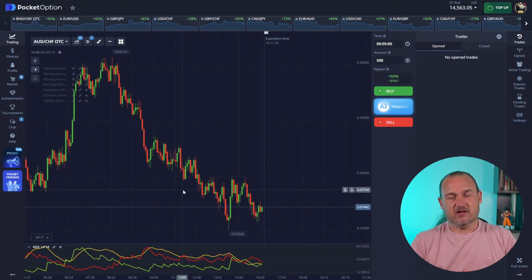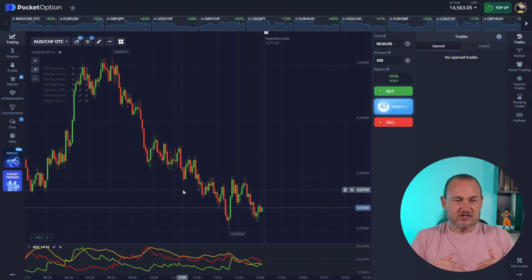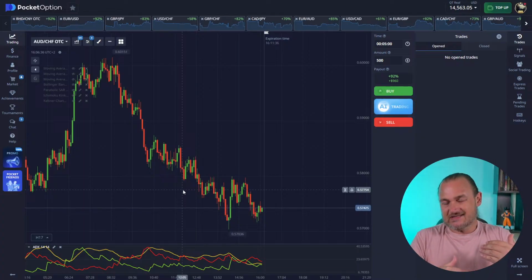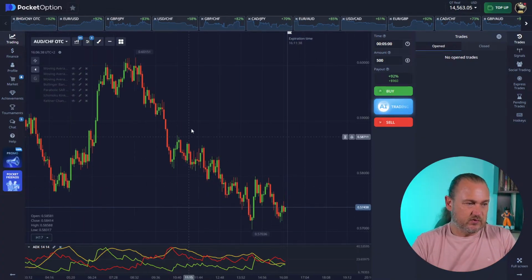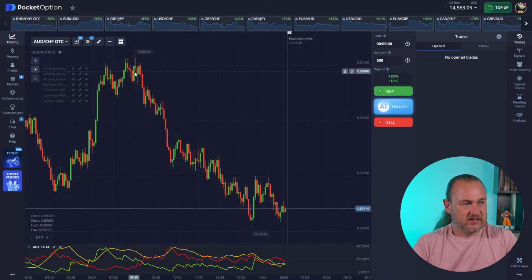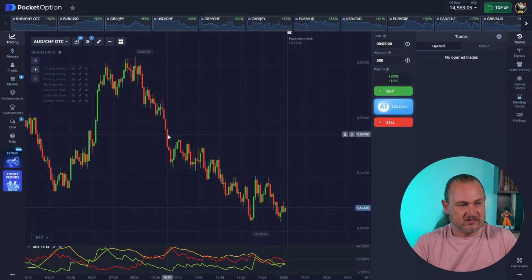So the DI plus and the DI minus show us the rate of change of the candles. This is actually a beautiful example. We can see we had downwards movement here, but suddenly we had these big candles.